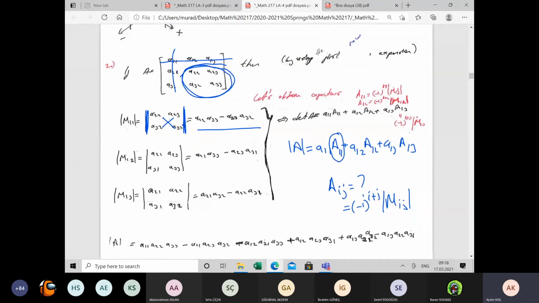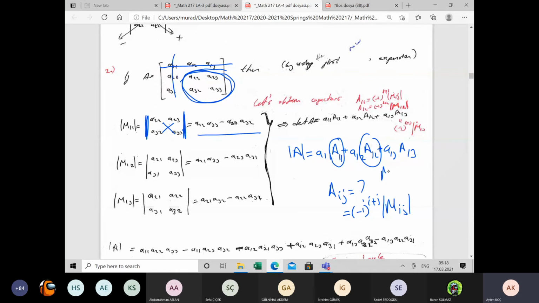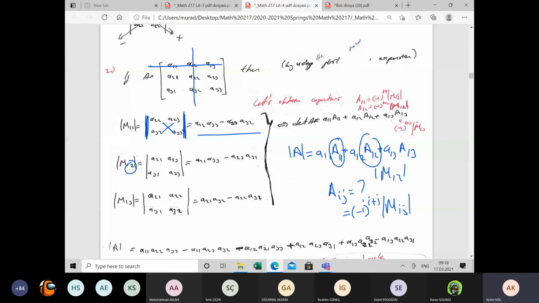So compute the next minor, M12. To find the submatrix for 1,2, it means delete the first row and second column. So from our matrix A, keep 2,1, 2,3, 3,1, 3,3. It's okay?